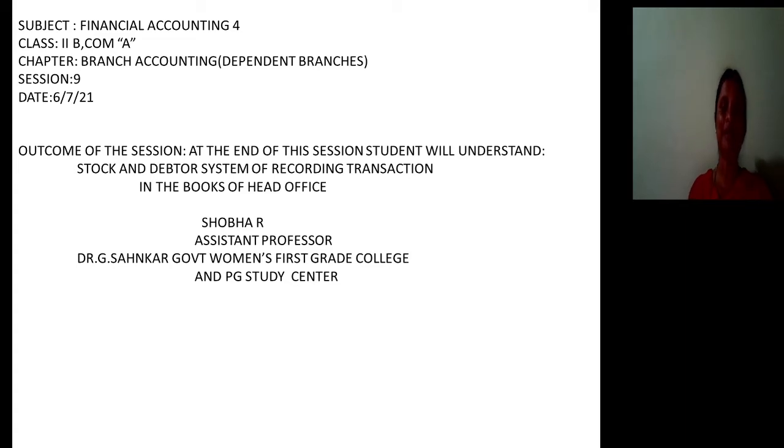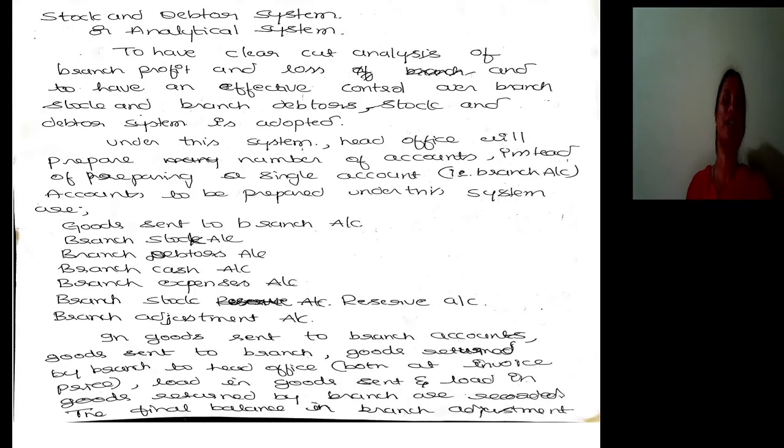We never had a clear-cut analysis of branch profit and loss in that method. To have a clear-cut analysis of branch profit and branch loss, and to establish control over branch stock and branch debtors, we have one more method of preparing accounts in the books of head office known as the stock and debtor system.